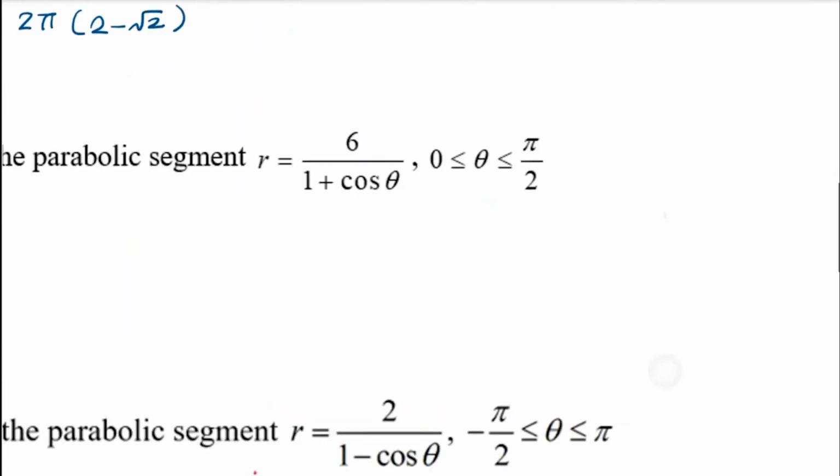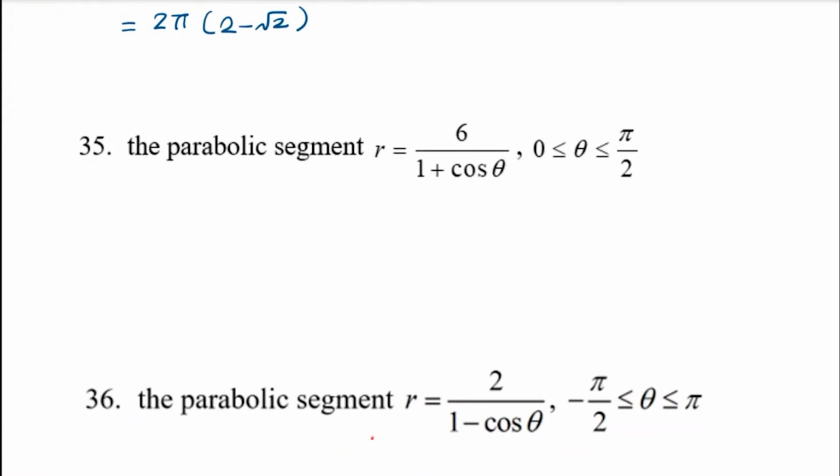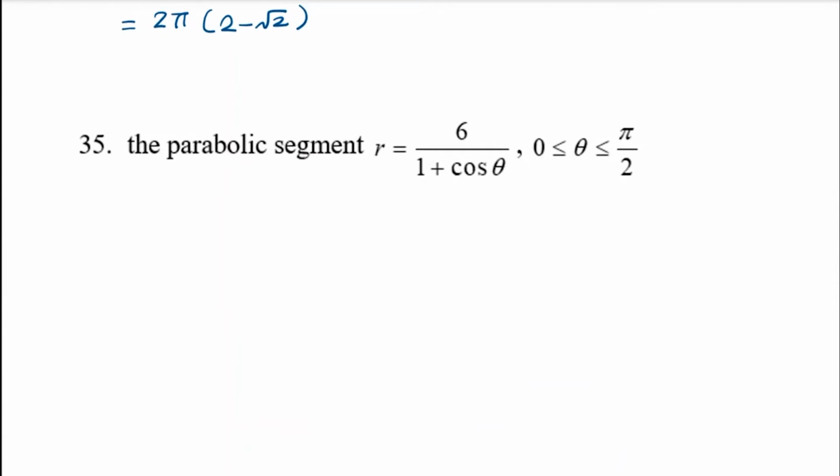So we have, do we know that this is a parabola? Do you remember doing that part, converting this to Cartesian coordinates? I mean, we don't have to know what it looks like, but this is a parabola. You want me to show you? How many of you want to see it? Okay, let's see it.